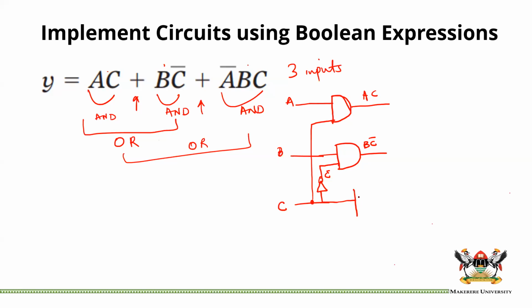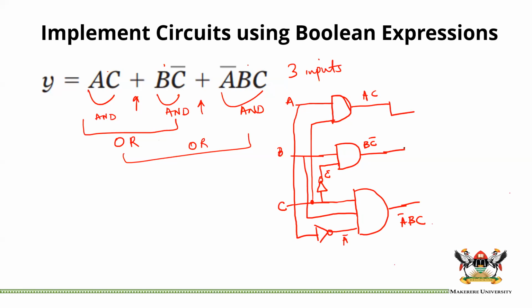And then my other AND gate, I can use a 3-input AND gate. Let me show you how I can do that. I can have B here, and then A inverse, obviously that is C, meaning I have A inverse BC here, and I can pass this through an OR gate, meaning that I have AC or B C inverse.